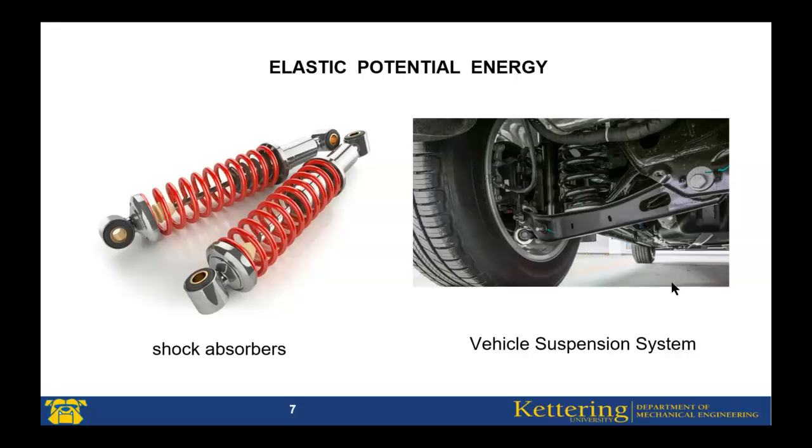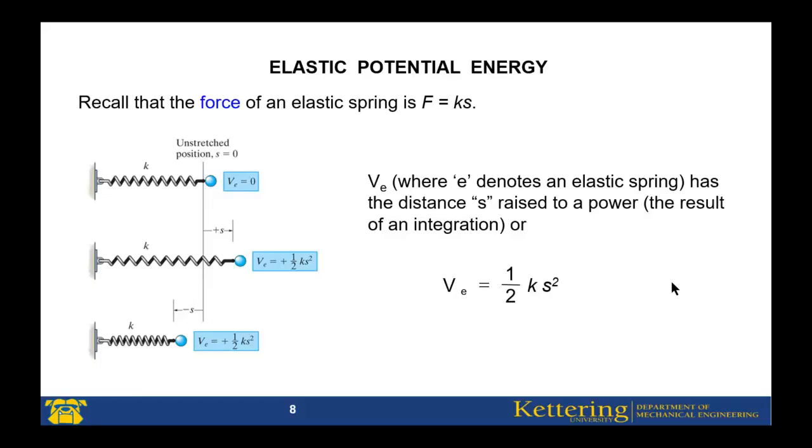How can we find that? Using this equation. To find the elastic potential energy, for example for shock absorbers, we use Ve, where e is coming from elastic.